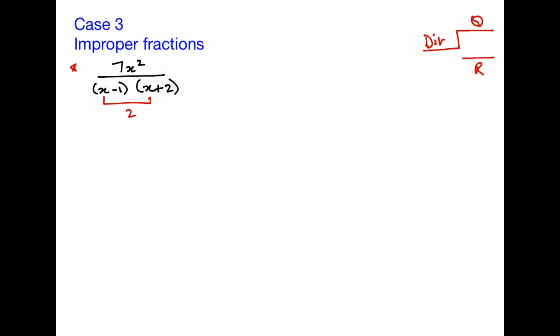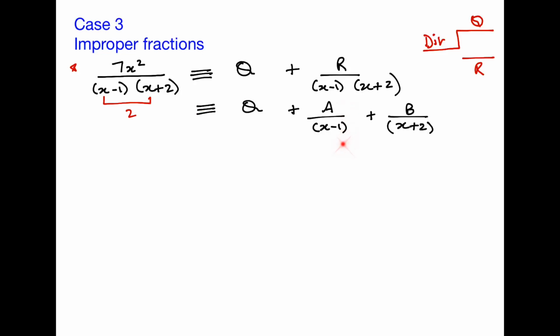You will get the quotient and the remainder, and then you will write it in the format quotient plus remainder over (x minus 1)(x plus 2). (x minus 1)(x plus 2) is our divisor and our denominator. Further, we will use the first method that we did about linear factors and solve it as a partial fraction. We will get quotient plus A over x minus 1 plus B over x plus 2.